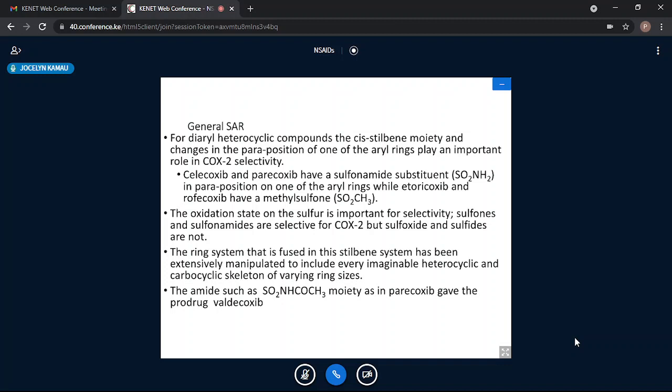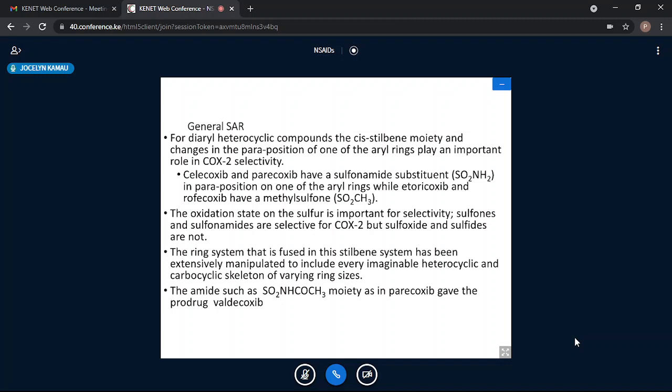We did mention we do have a bit of constitutive COX-2, but most of COX-2 is inducible, and it is induced when you have an inflammation, when you have an injury, or when you have other stimuli that bring about the release of arachidonic acid, or the formation of the prostaglandins.